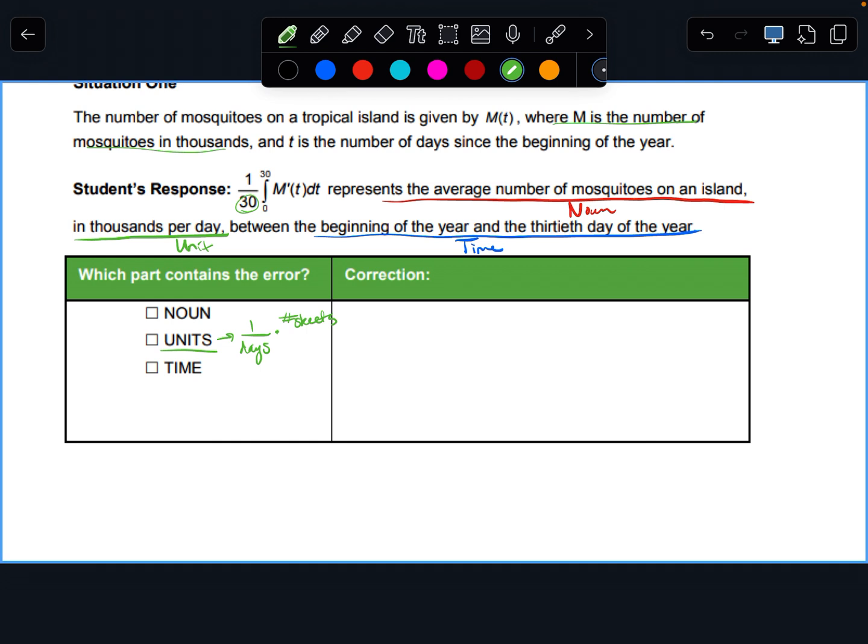It's definitely an average because of that 1 over 30 piece, but my unit is skeets per day. So I'm not going to say average number of mosquitoes. I'm going to say the average rate of change in the number of mosquitoes. The noun is what's messed up.